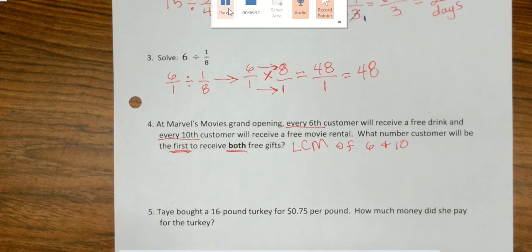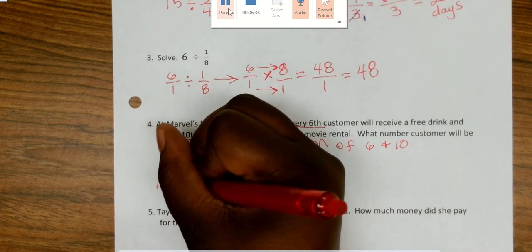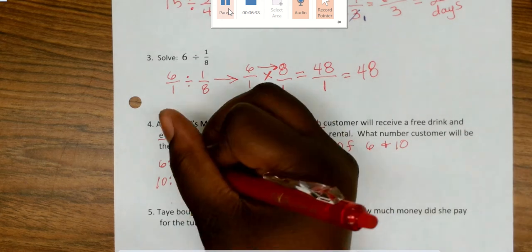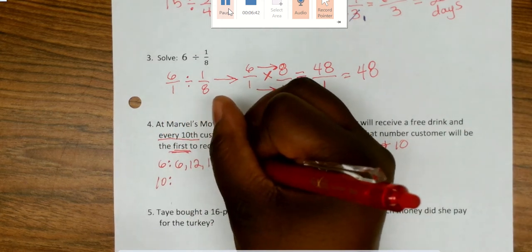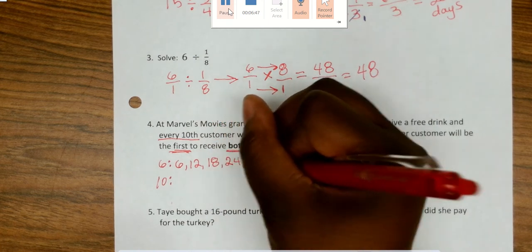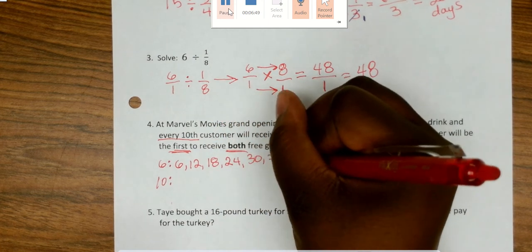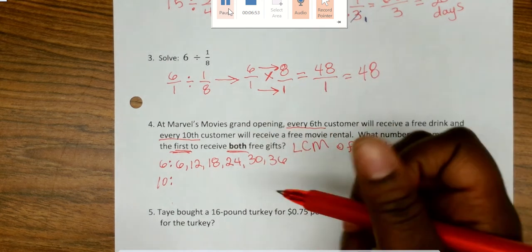All right, so I can do this two ways, the listing method and the ladder method. So I'm going to start with the listing method. 6 times 1 is 6, times 2 is 12, times 3 is 18, and so on and so forth. Okay, so I'm going to stop about there. Now I'm going to do my 10s.